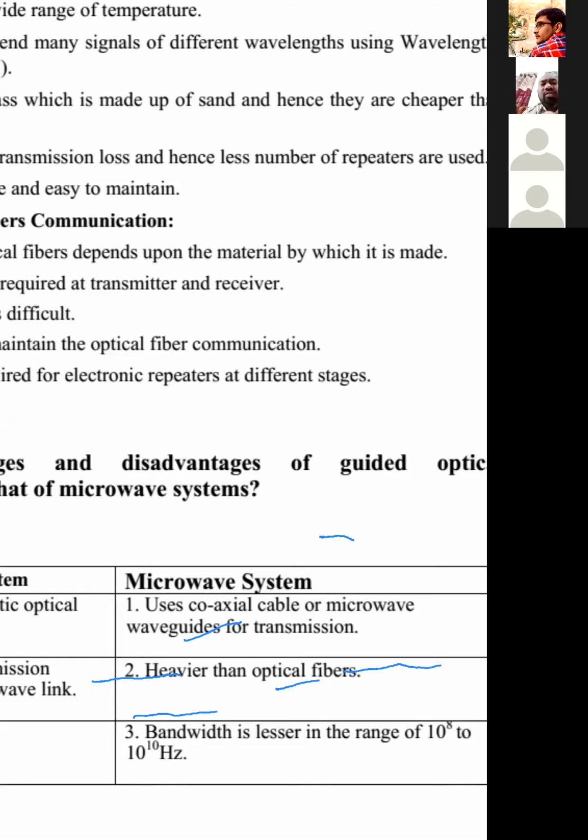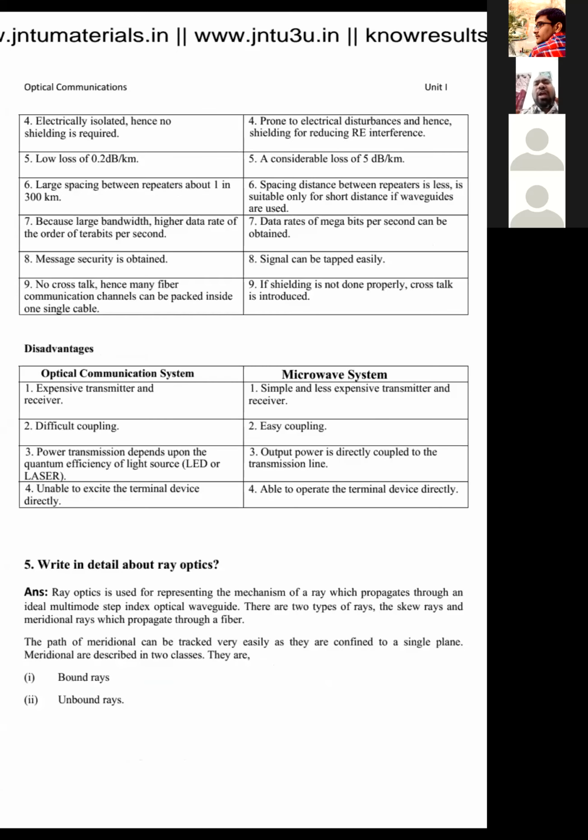We already studied this. Optical fibers are electrically isolated. Electrically isolated means electrically separated. But microwave systems are affected by RF interference. This is not RE, this is RF interference, radio frequency interference.